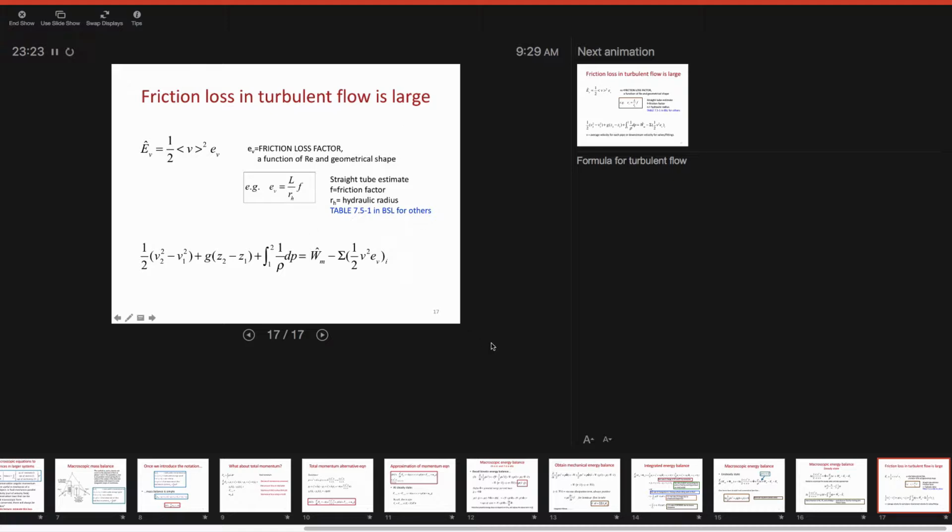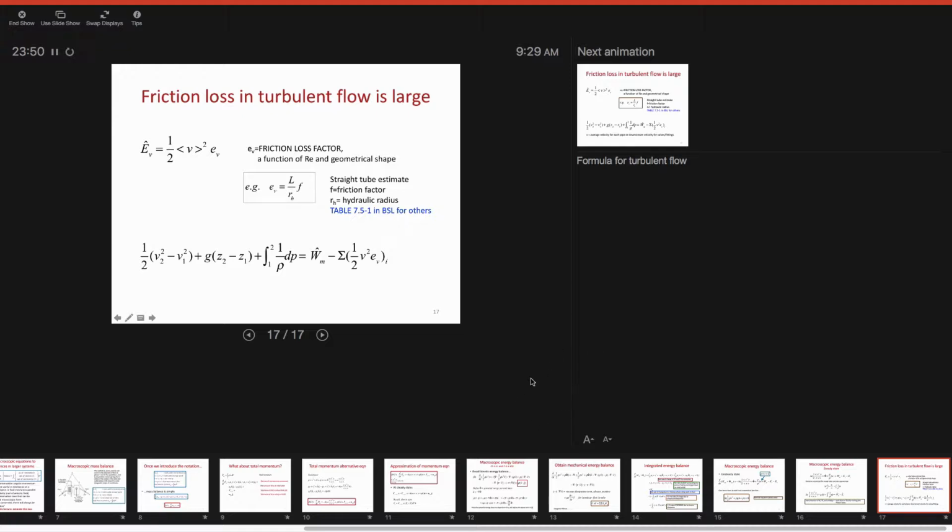So this is the working equation. I look at the velocity differences between outlet and inlet, as well as the difference in potential, because they might be at different elevations. And I integrate the difference in the 1 over density also between those 2 points.